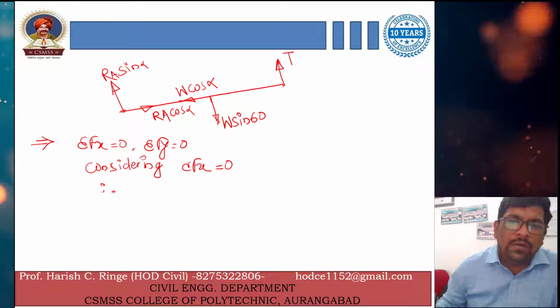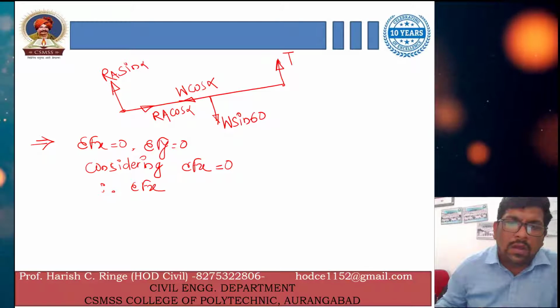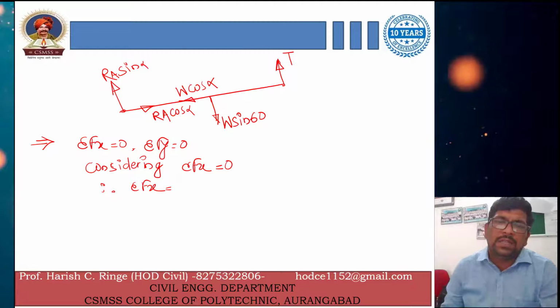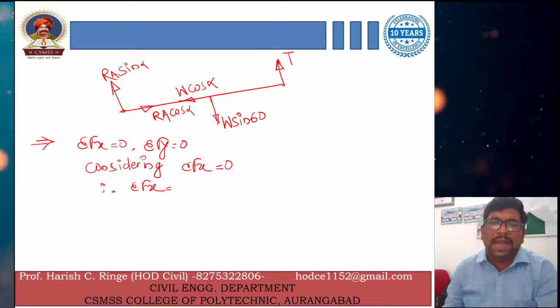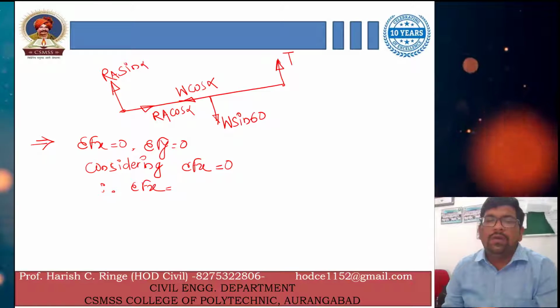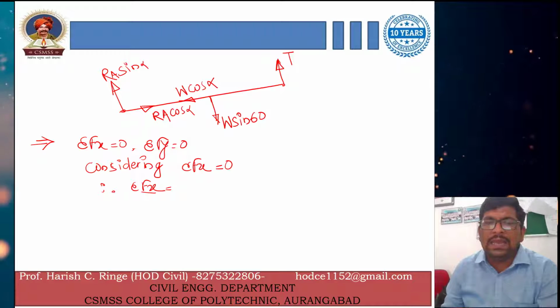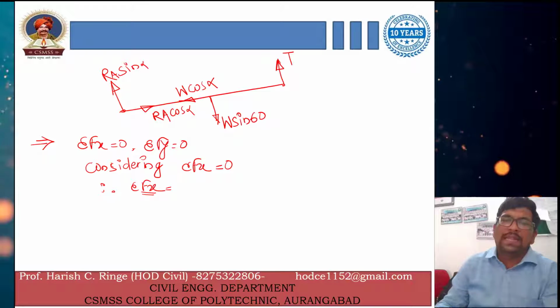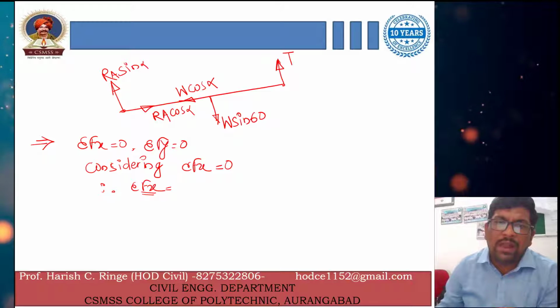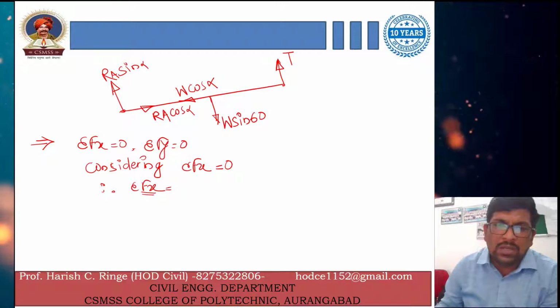So summation Fx is equal to, if I want to find it, I have to find how many forces are acting in the x direction. The x direction of the beam is the horizontal direction. So two different values I have.